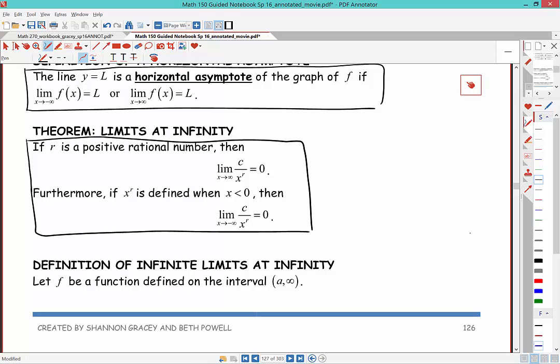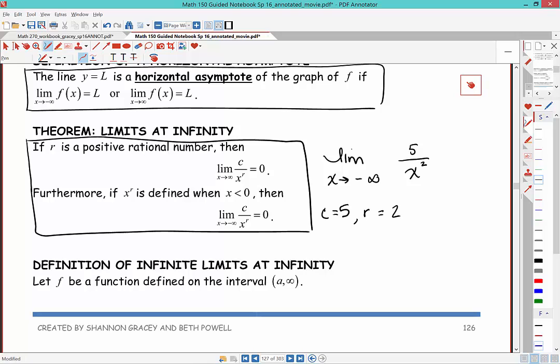What we'll have going on here is, if you do an example, the limit as x approaches, I don't know, negative infinity of 5 over x squared. From the theorem, our c would be 5 and our r would be 2.